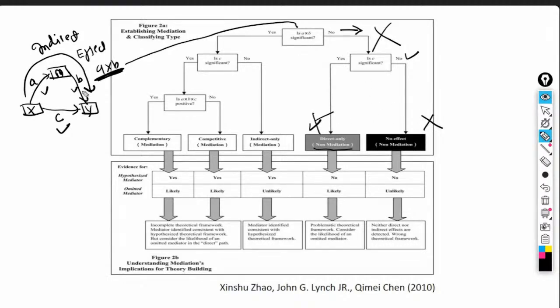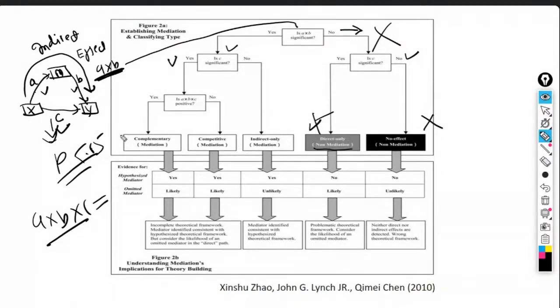If the indirect effect is significant, then there may be two situations. One is whether this direct effect C is significant. Yes, the p-value is significant. Then again we will check A into B into C, whether it is a positive value.